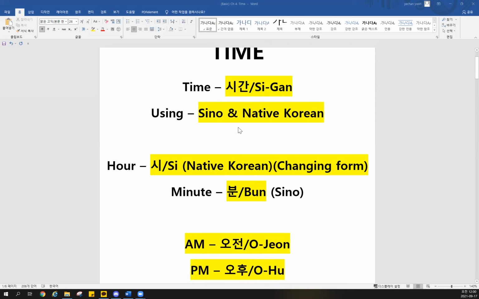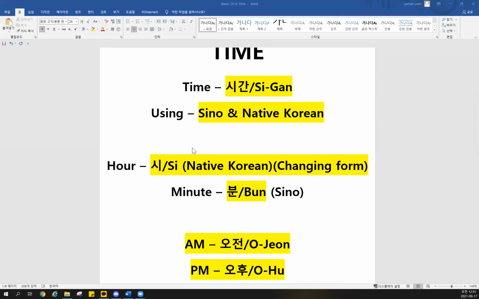For the hour, if you want to read the hour, you can use 시, 시. 시 is the counting word for the time, and if you want to read the hour, you can use the native Korean, like 하나, 둘, 셋, 넷, 다섯.